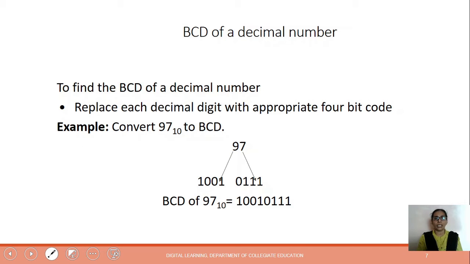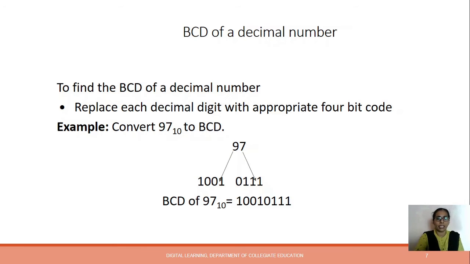To find the BCD of a decimal number, what we have to do? We have to replace each decimal digit with the appropriate 4-bit code. Suppose here 97 is the decimal number. I need to convert this to BCD form.